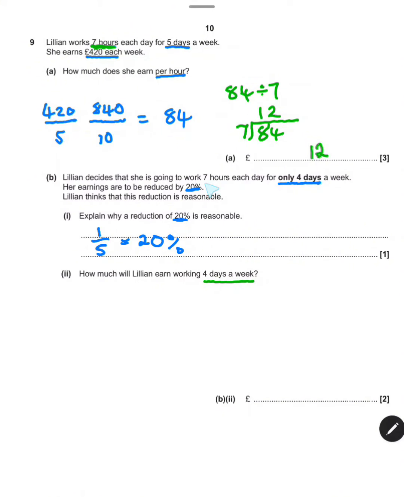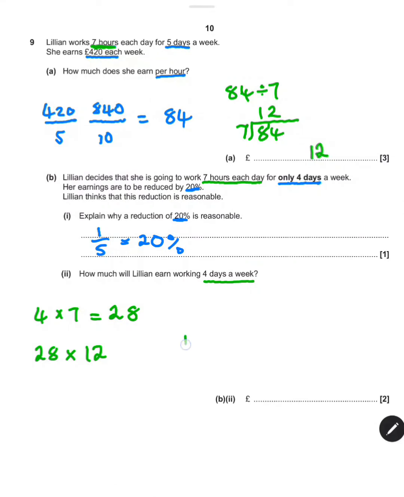Part 2, we're asked to work out how much will Lillian earn for working 4 days a week. We're still working 7 hours for each day, so we've got to do 4 times 7 times 12. So 4 times 7, that's 28. And then we need to multiply by the amount she earns per hour. So I'm going to do 28 multiplied by 12.